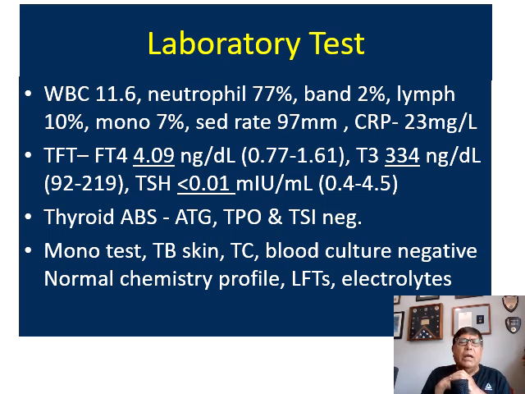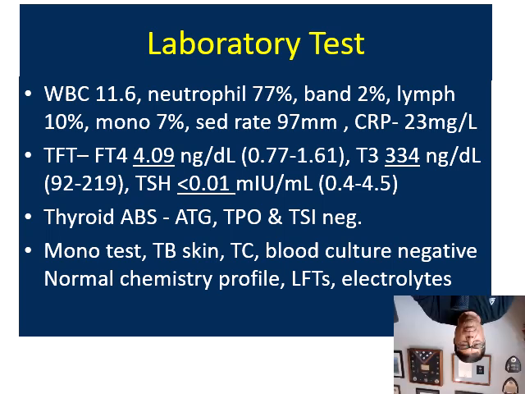Thyroid antibodies and antithyroglobulin antibody, including TSI, thyroid stimulating immunoglobulin, to rule out both Hashimoto's thyroiditis and Graves' disease, were negative. The other workup did include a mono test, TB skin test, and blood cultures, and those were negative. She had a normal chemistry profile, as were the electrolytes.